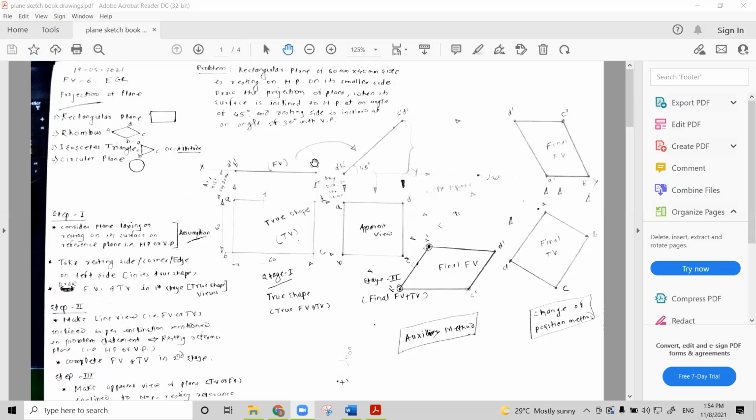Okay. You just spend a minute reading this problem, understanding the statement or the conditions given. Then I will explain the steps. So you just try to understand the problem statement first.